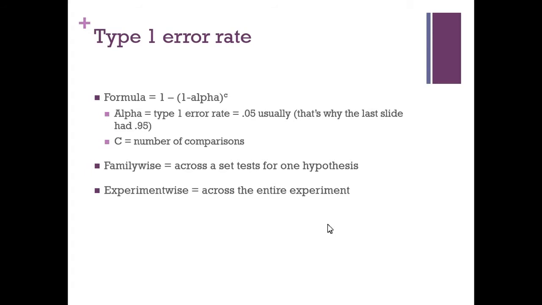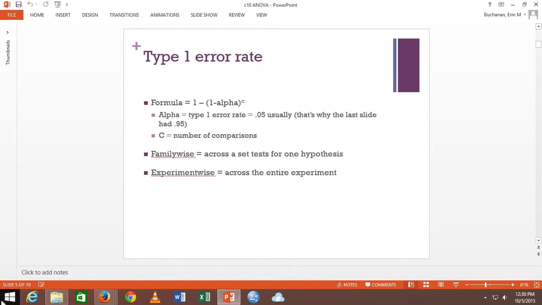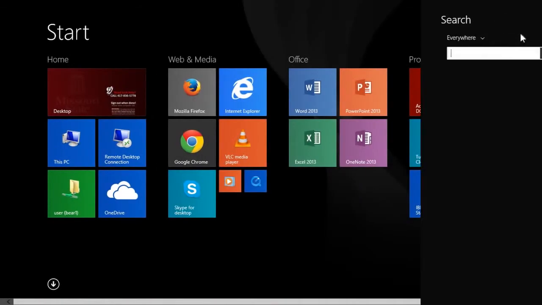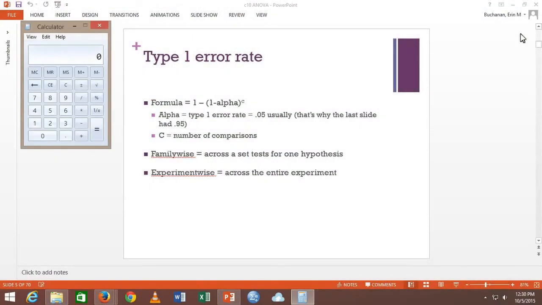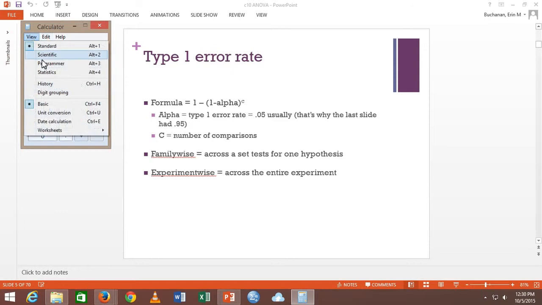Alpha is what we're setting as 0.05. That's why we have alpha as 0.05 in G*Power, and p less than 0.05, which is really about alpha. So 1 minus alpha, which is 0.95, to the c, the number of comparisons. For 3 comparisons, it would be 0.95 to the 3rd.